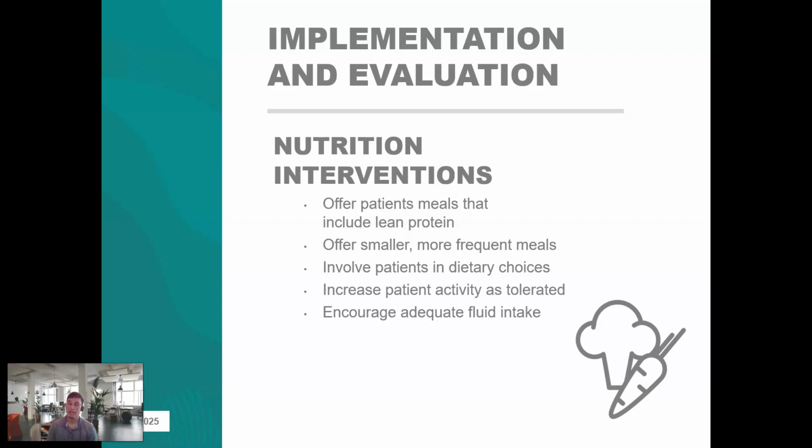We want to counteract that and make sure that they're taking in the proper food. We're going to do that by ensuring and offering small, more frequent meals and allowing the patient to participate in their dietary choices. Maybe we can offer them a couple options of lean proteins instead of just picking one for the patient.